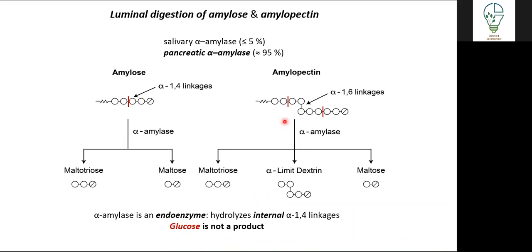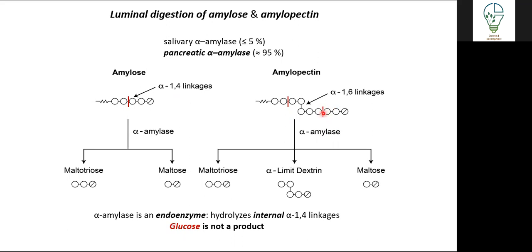So amylopectin, again, has alpha 1,4 over here, alpha 1,6 over here. Our alpha amylase can only break alpha 1,4 linkages that are not terminal, so they are in the middle. The alpha amylase will come and break down over here, and it can also break down over here.